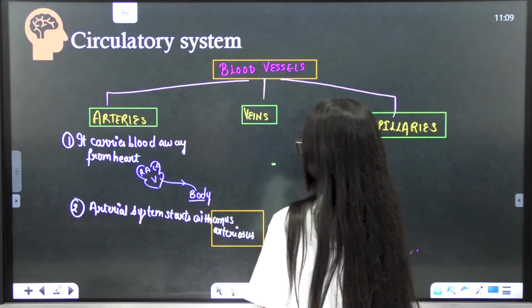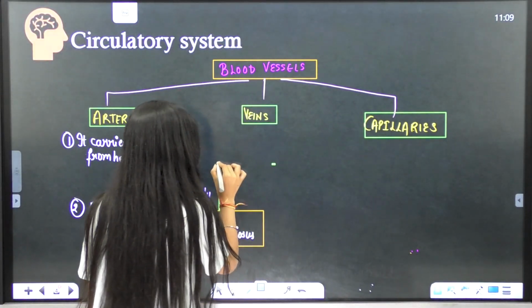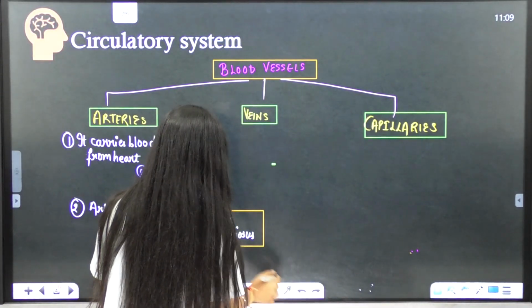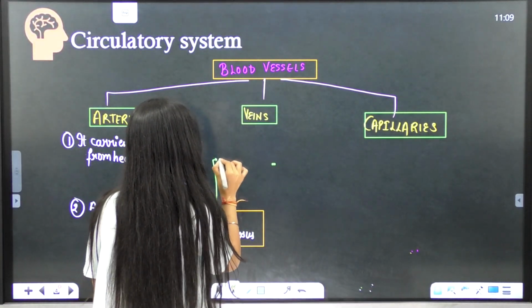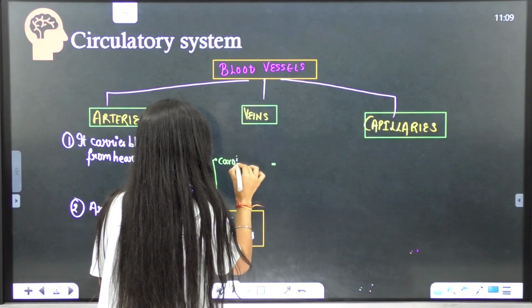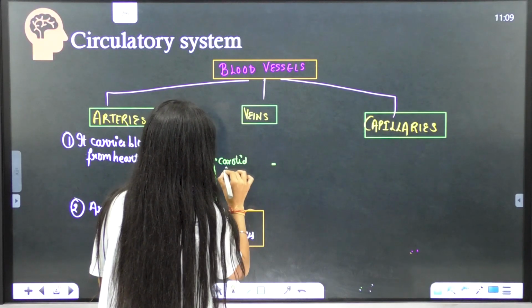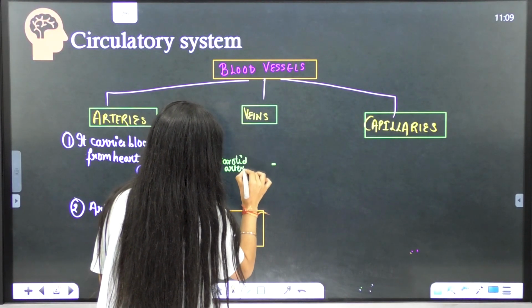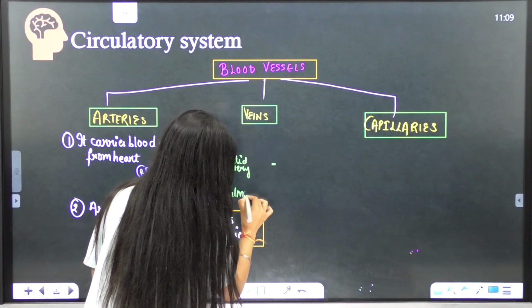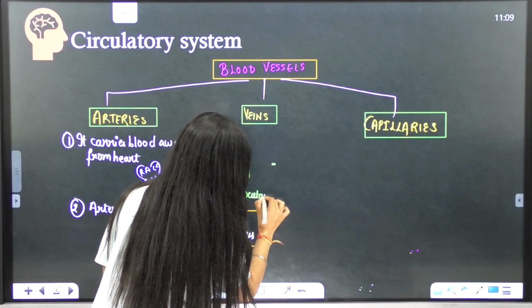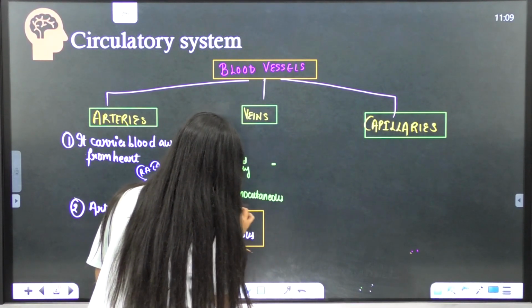So what happened here? There are two types of arteries, one being carotid artery and second being pulmocutaneous artery.